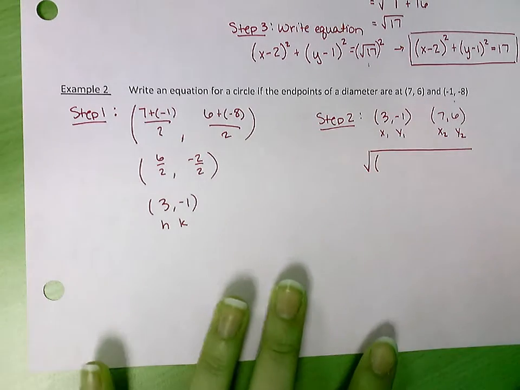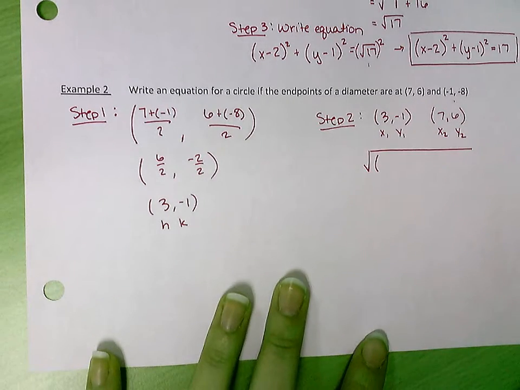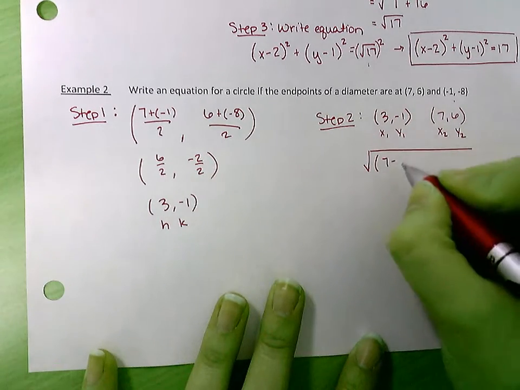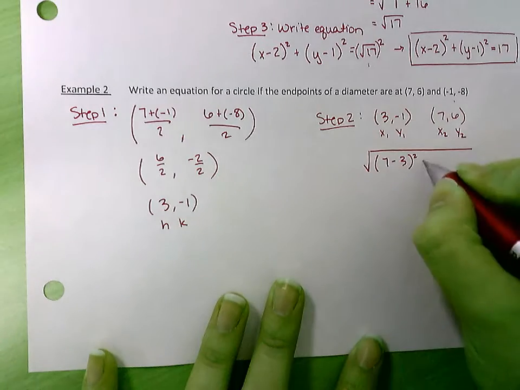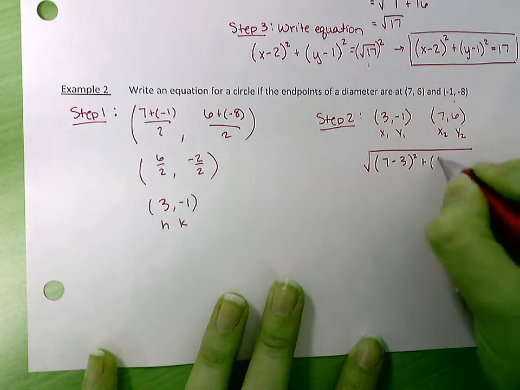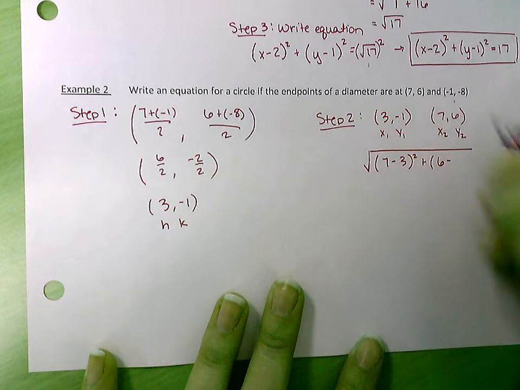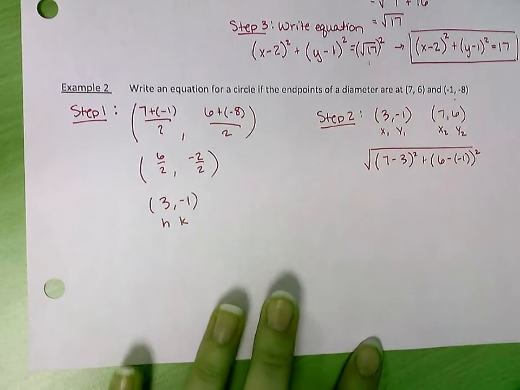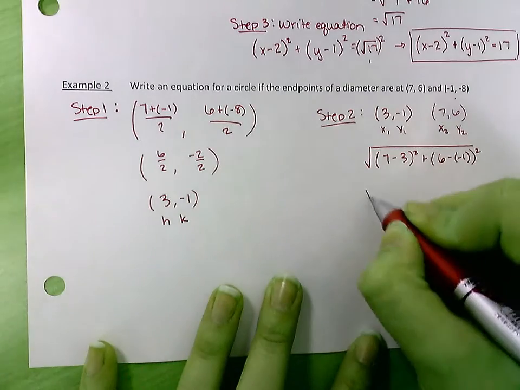Okay, so we'll take x sub 2, which is 7, minus x sub 1, which is 3, squared, plus y sub 2, which is 6, minus y sub 1, which is negative 1, squared.